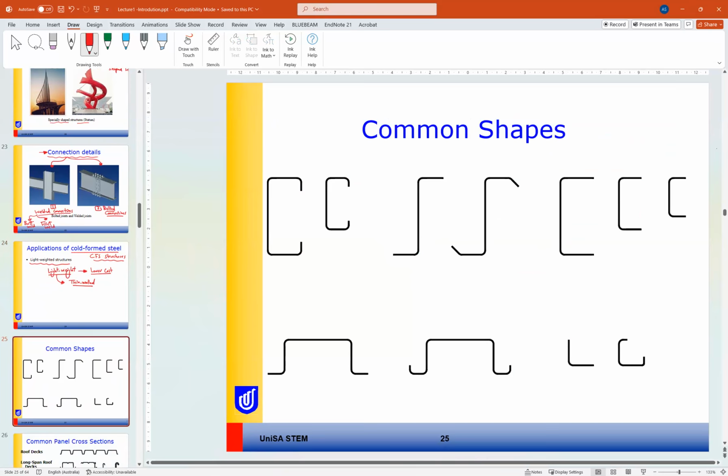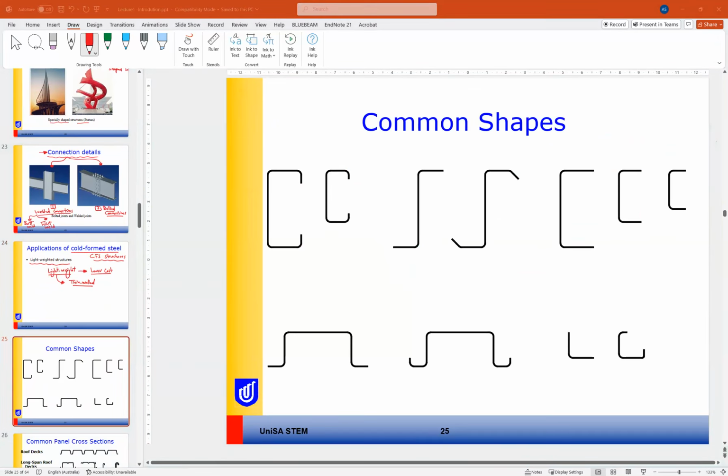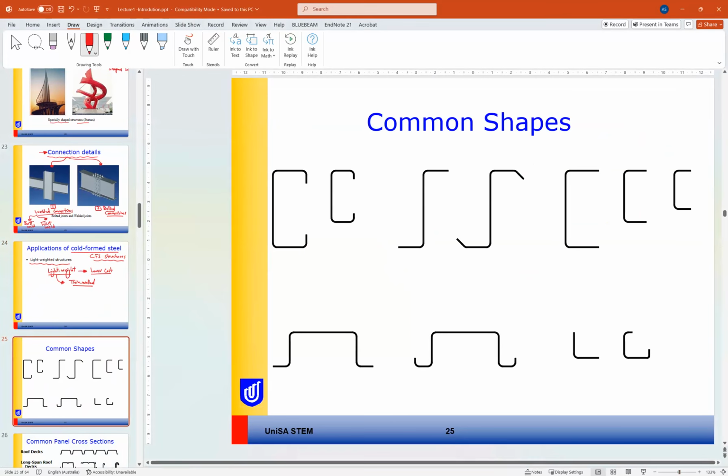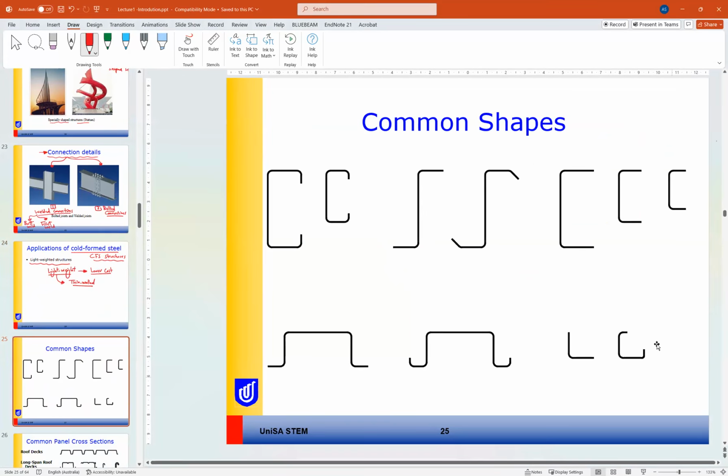And here are some common shapes of cold formed steel. These are the C sections. These are Z sections.